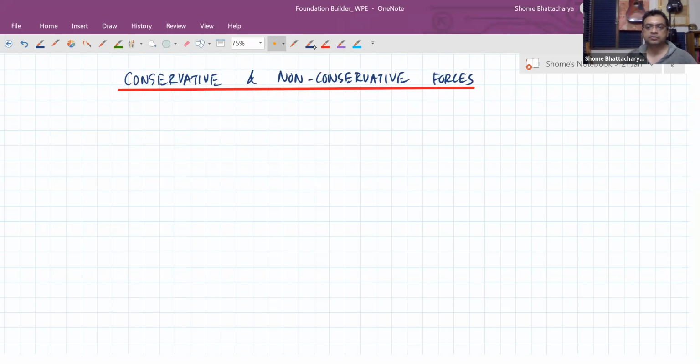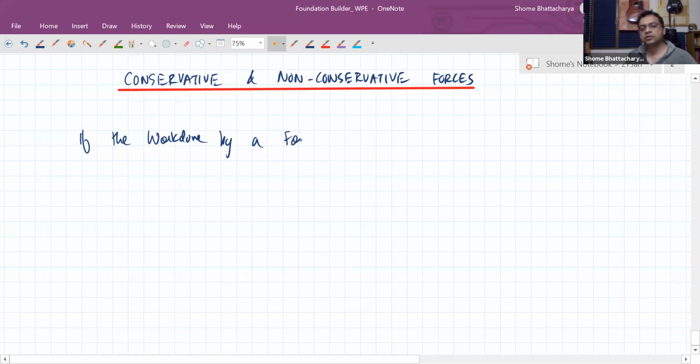So that is conservative. Whereas if the work done is not going to be the same every time, that means it depends on what path I'm taking, it is non-conservative. So if the work done by a particular force is path independent, that is what we mean by path independence.